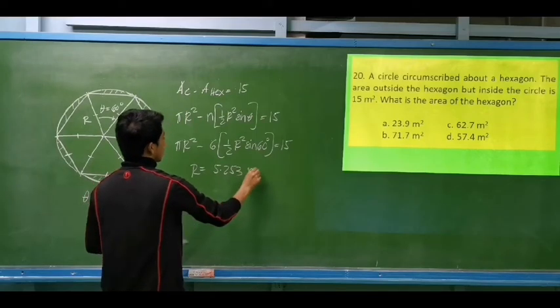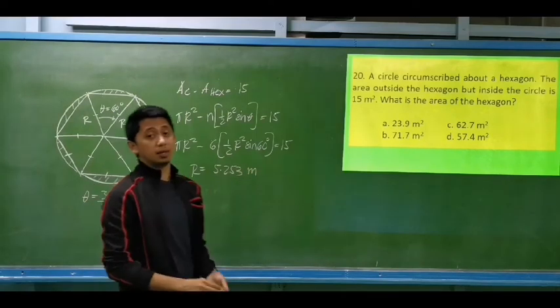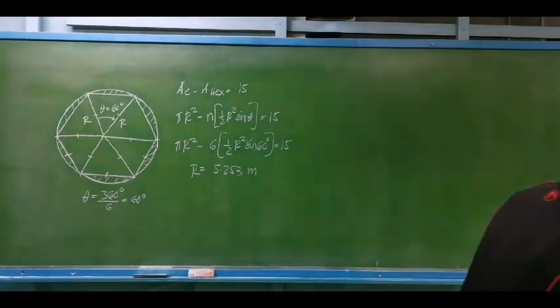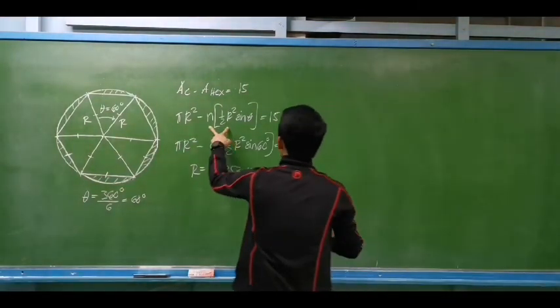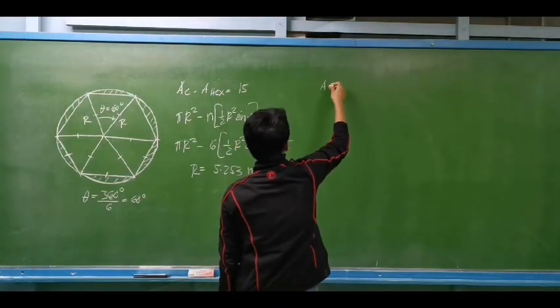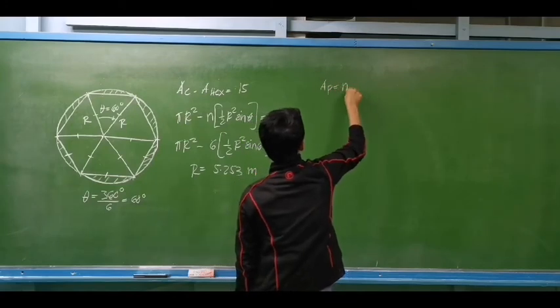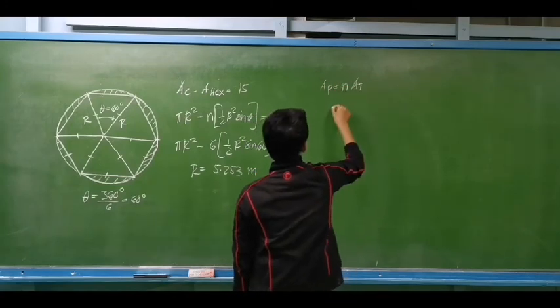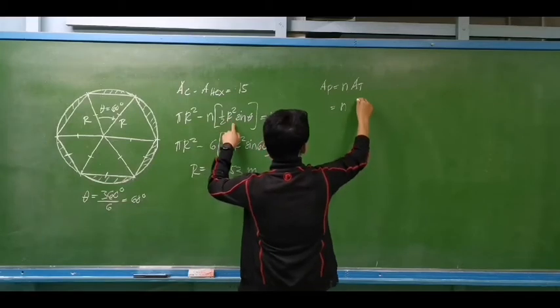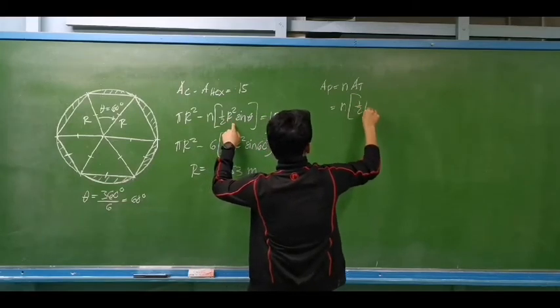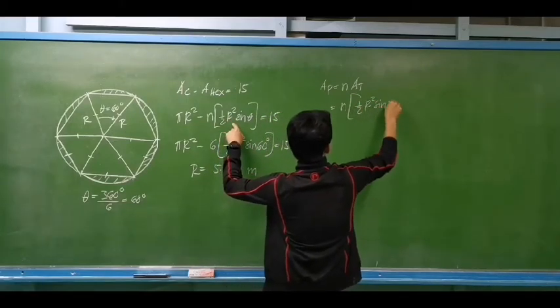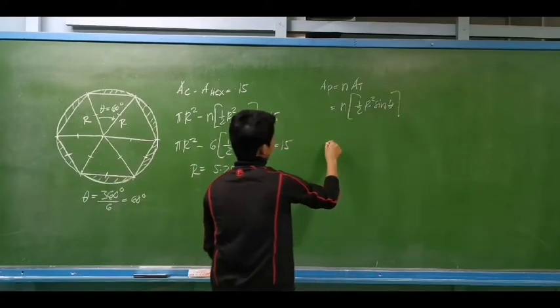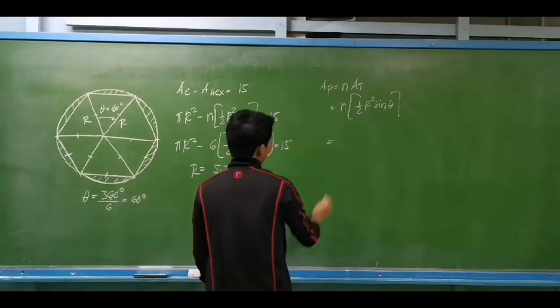meters. Ay, paano ulit kumuha ng area ng regular polygon? Diba ito lang din yan? So we have the area of a regular polygon is the number of sides multiplied by the area of a triangle. Or ito lang yun, ay 1/2 of the radius squared sine of theta. So we have how many sides for a hexagon?